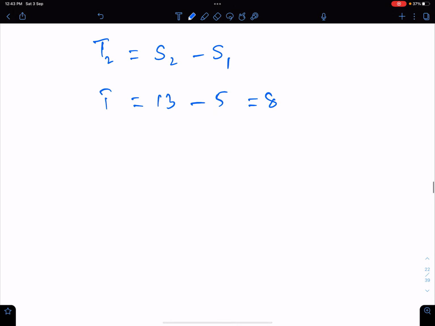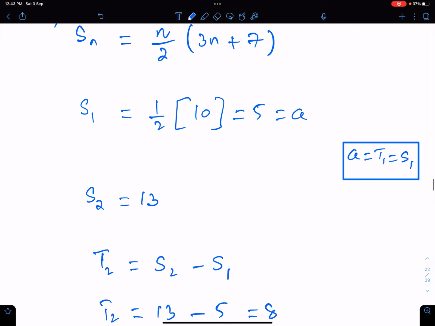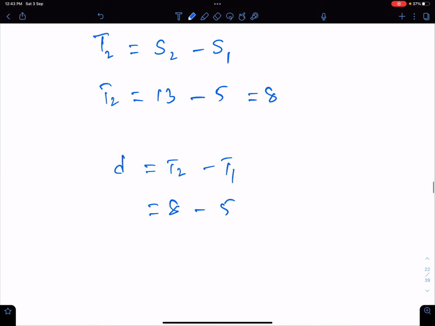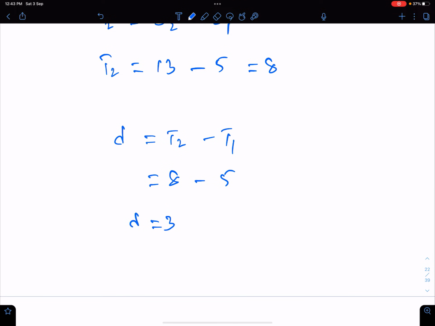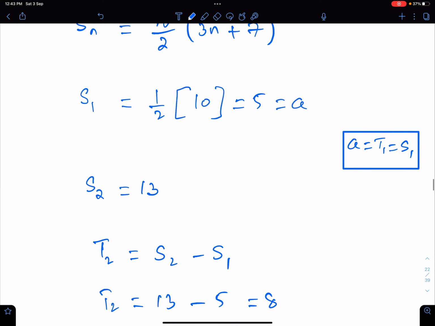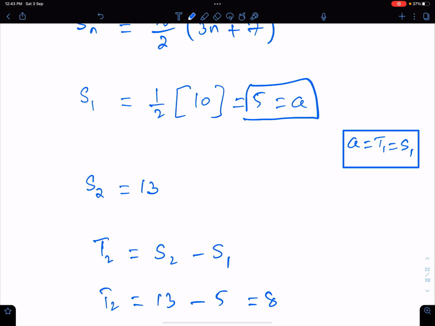Now D is T2 minus T1. T2 is 8 and T1 is 5. So D is 3. We had to find two things, A and D.